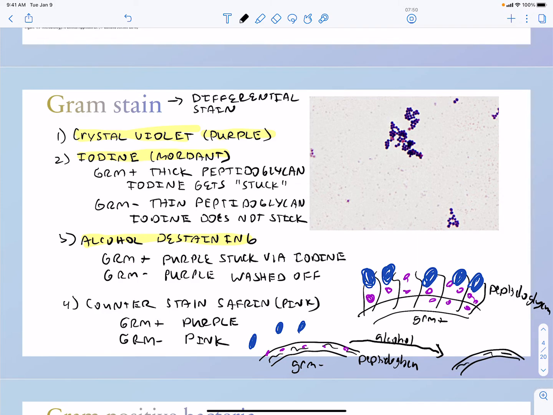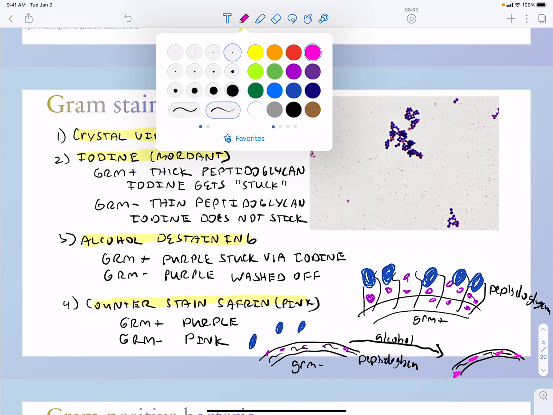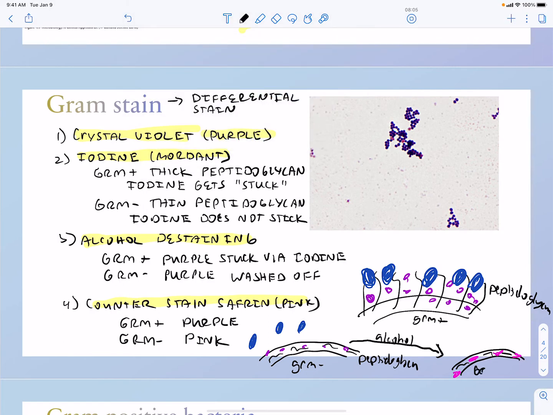And then the gram-positive will retain the purple. And so after you do a counterstain with pink, the pink will stain the gram-negative, and the purple is still remaining in the gram-positive.